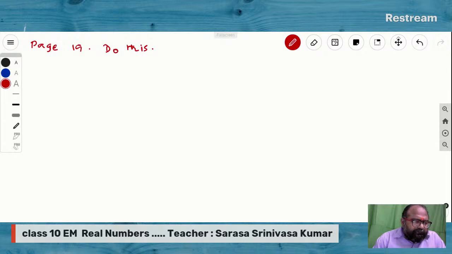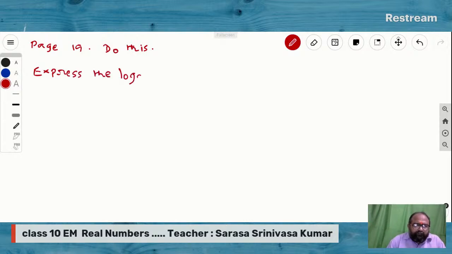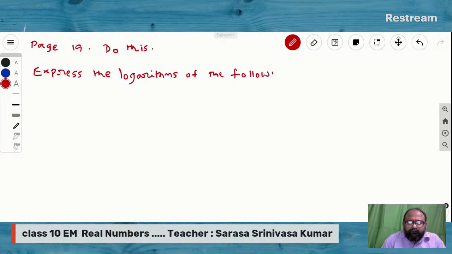Express the logarithms of the following into the sum of the logarithms.